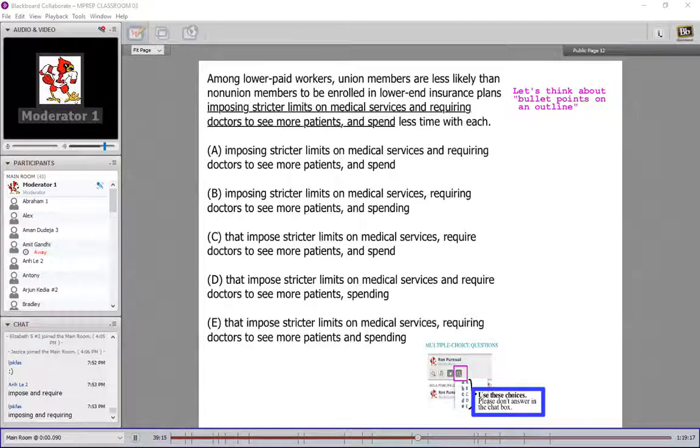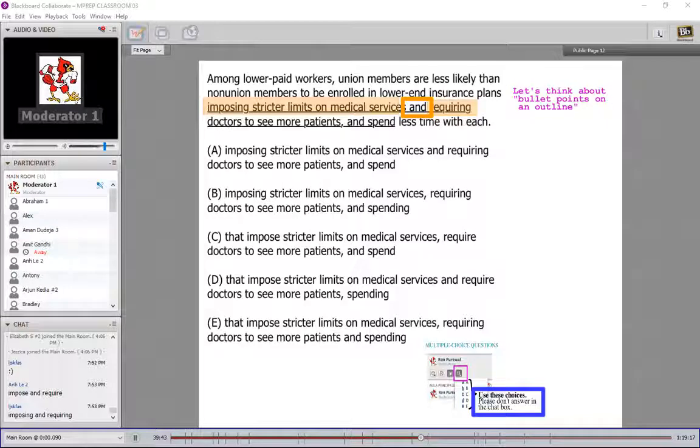So yeah, I mean, there's two things that insurance plans do. They impose limits, and they require doctors to see a larger number of patients. You bet. They do that. There's two things. And you know, insurance plans don't spend time with patients. So if that last thing was parallel with those, that would be a serious problem.